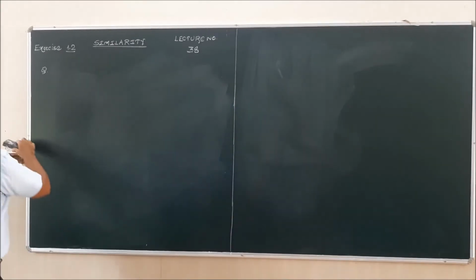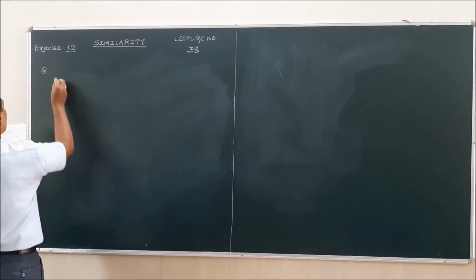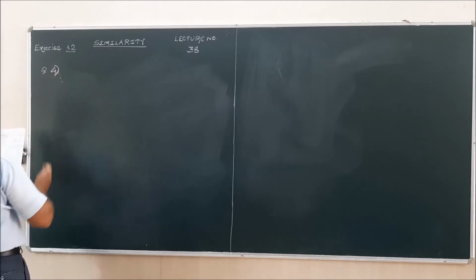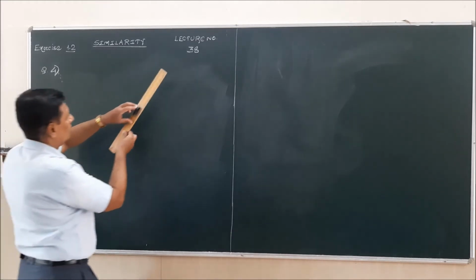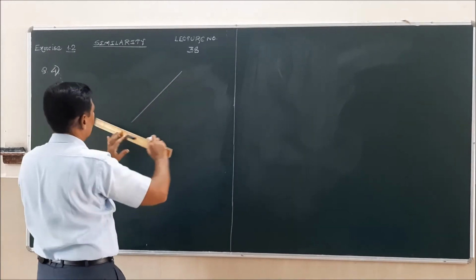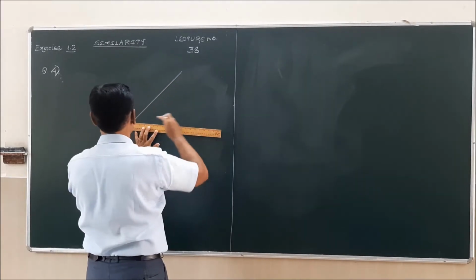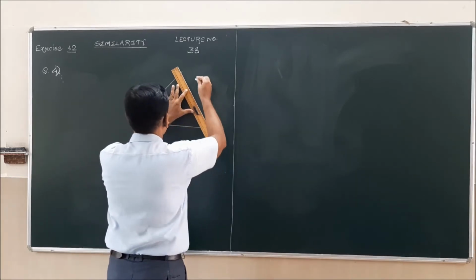Now the question next to that, exercise is 1.2 only. Question number 4. Figure is given, there is triangle ABC given over here.